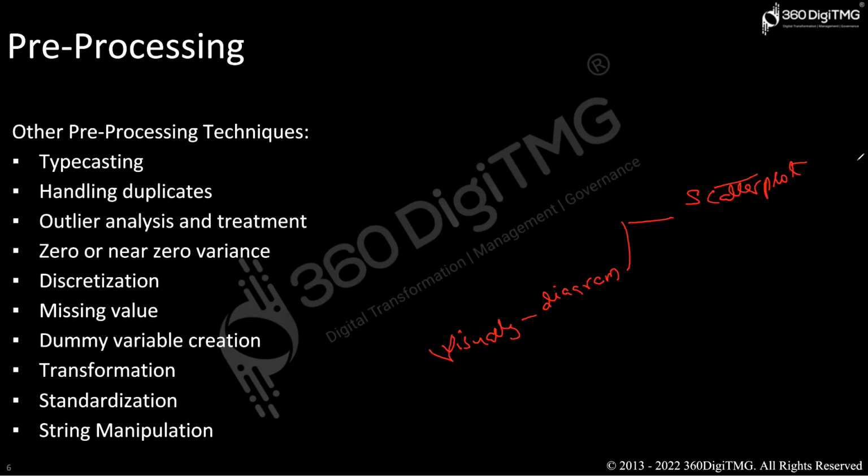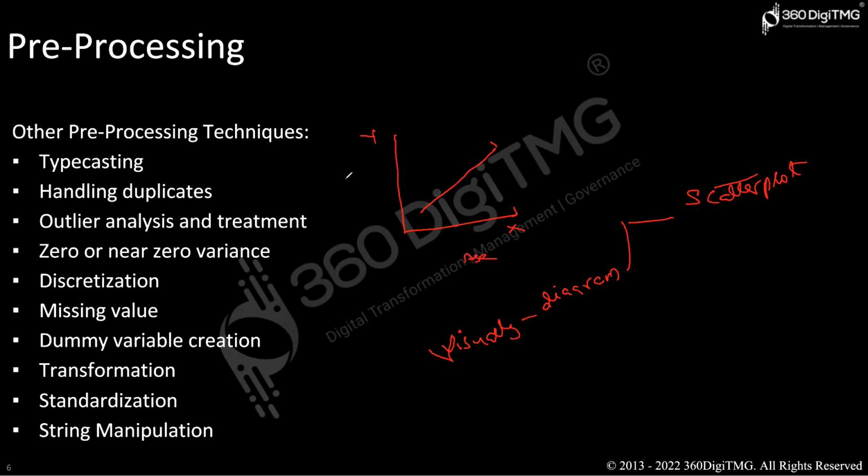In a scatter plot, for example, you have X and Y, and you are going to find the relationship between them.